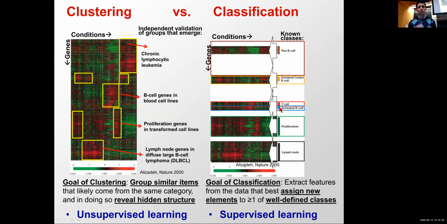What we're going to be looking at today is widely applicable beyond gene expression. In general, we're going to have conditions on one dimension and genes on the other dimension, and we're going to be able to define clusters completely de novo, basically saying, great, these genes appear to have similar expression across these conditions, and those conditions appear to have similar gene expression across the subset of genes, and so on and so forth.